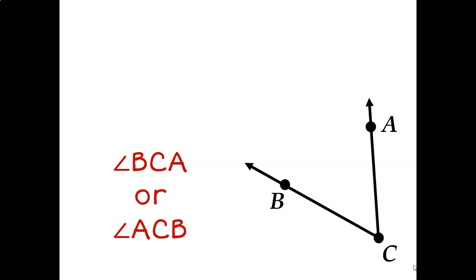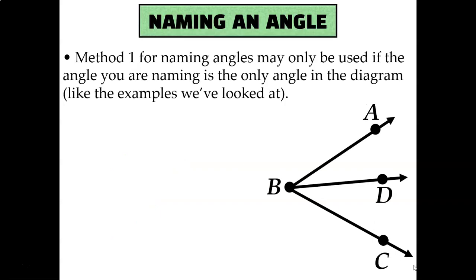You might be wondering, why do we have this more complicated way to name angles with all 3 letters? Why can't I just call this angle C and be done with it? Well, that's because not every diagram is so simple. Method 1, which is just calling it angle C or angle A or angle W, whatever it is, using just 1 letter to name an angle only works if there's only 1 angle coming from that vertex.